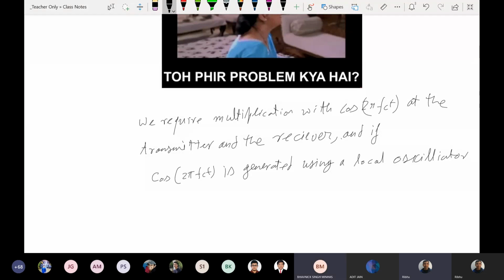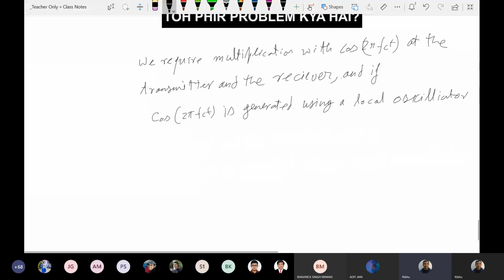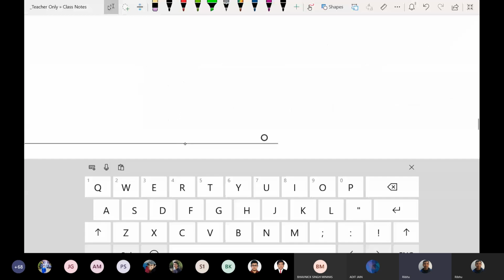So let's say that since the two oscillators are different, they are at different physical locations. So they need not be exactly phase synchronized, right?